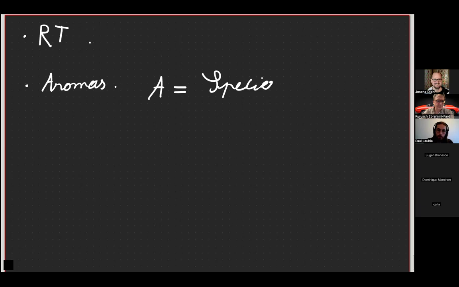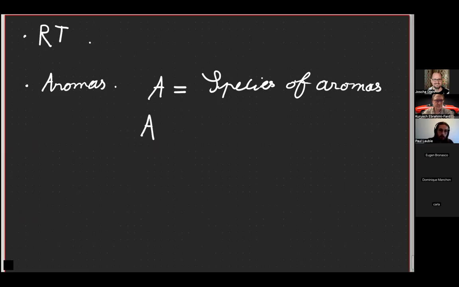So the aromas, I will define something new. I will call it A for aromas. So A will be the species of aromas.